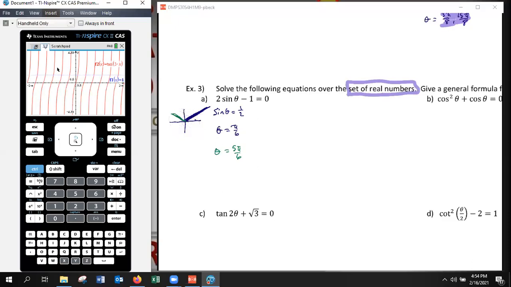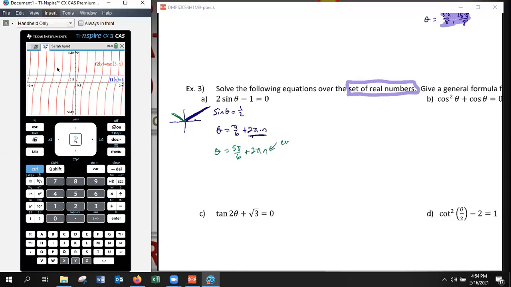Well, how do I show coterminality? This is kind of like how we did domain where we had asymptotes. So every 2 pi afterward is what that represents. So we'll say pi over 6 plus 2 pi n, because we're going to say every pi over 6 and then every period thereafter. So 5 pi over 6 plus every period thereafter.